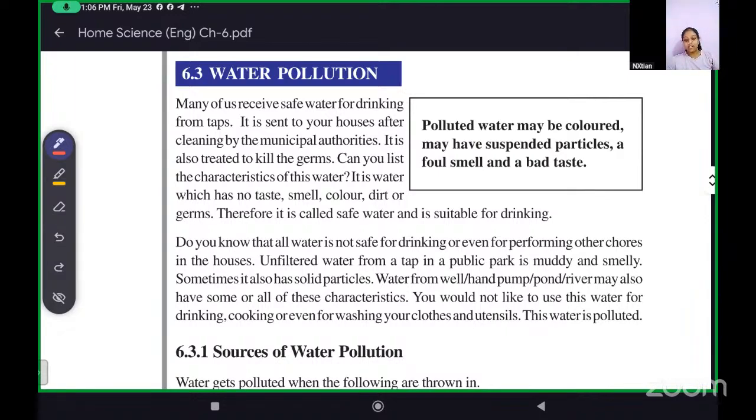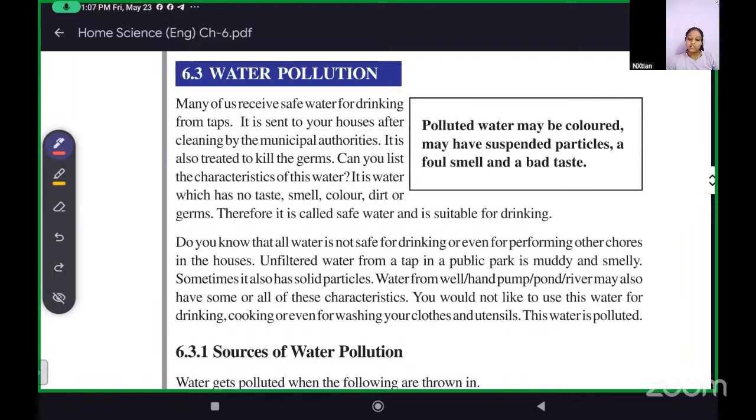Then there are germs present in contaminated water. Now, polluted water may be colored because it has suspended particles, a foul smell, and a bad taste. It has all of those things.